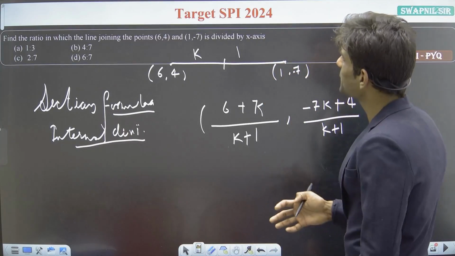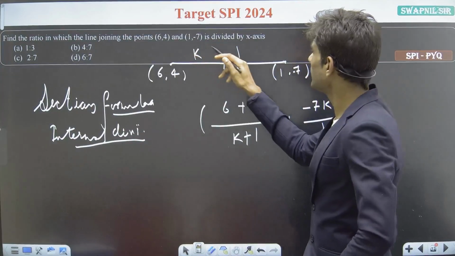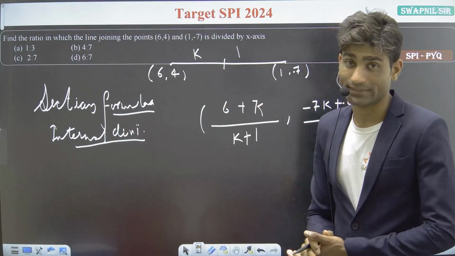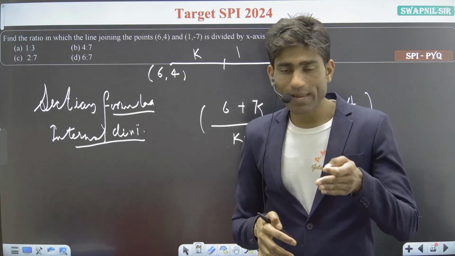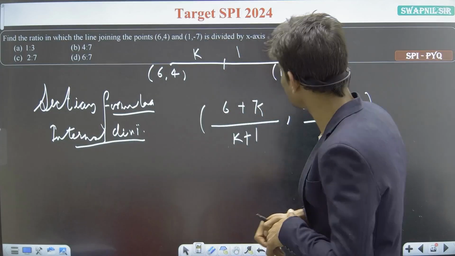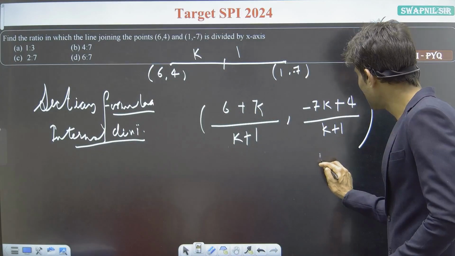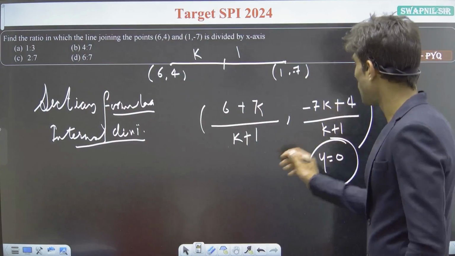And we are given that the line segment is divided by the x axis. Now, when any point divides along the x axis, we always get the y coordinate as 0 here. That means this coordinate goes to 0.